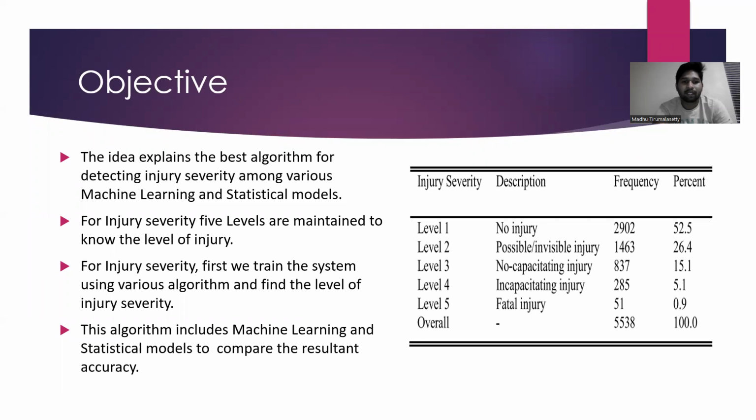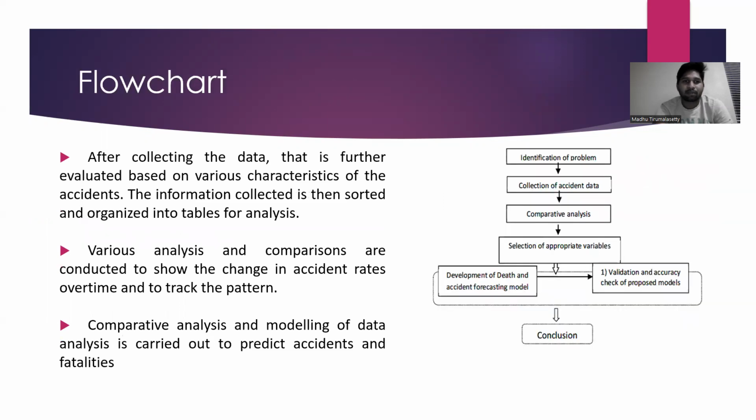For injury severity, five levels are maintained to know the level of injury. First we train the system using various algorithms and find the level of injury severity. The algorithms include machine learning and static models to compare the accuracy of the results. The flowchart will be explained by my friend.